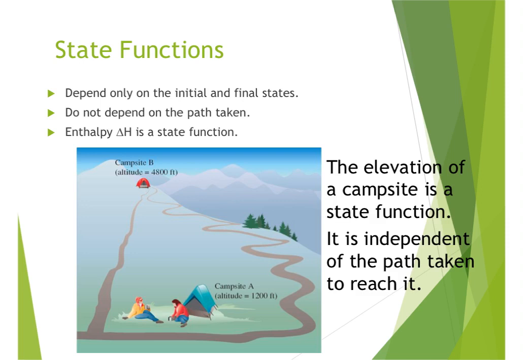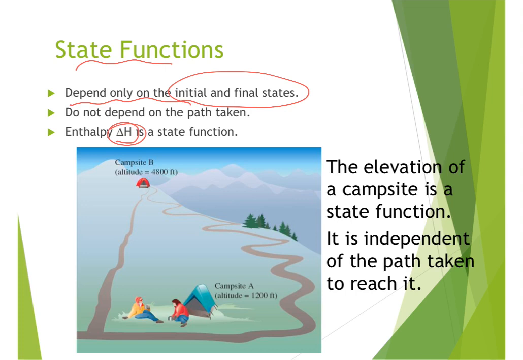Now, this is just a simple definition, but it might show up as a multiple choice or something. So, enthalpy, H, heat, is a state function. There are several functions that are state functions and some that are not. But a state function is something that depends only on the initial and final values. It doesn't depend on the path or the route taken to get from one place to the other.